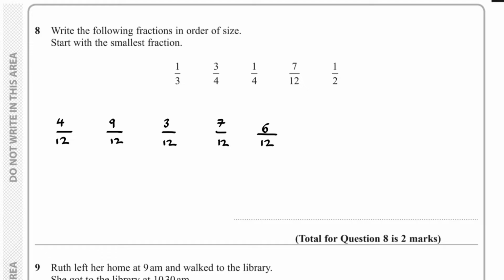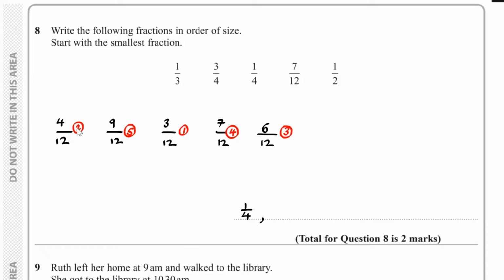And now if we order these, the smallest one, that's this, followed by this, followed by this, followed by this, followed by this. So, when we come to write down the order of the fractions, smallest first, we've got the smallest one, which is the 3 12ths, which corresponds to the 1/4.